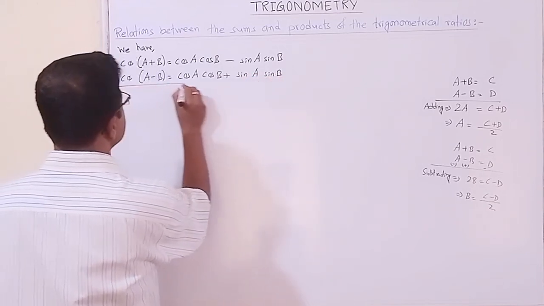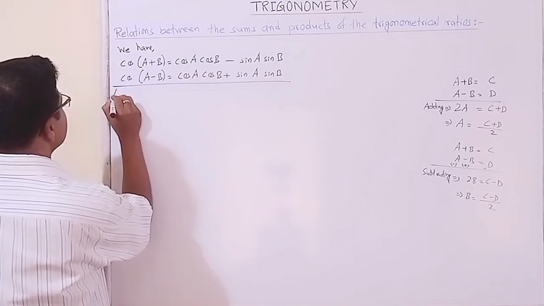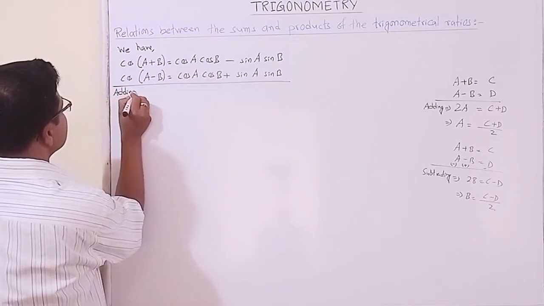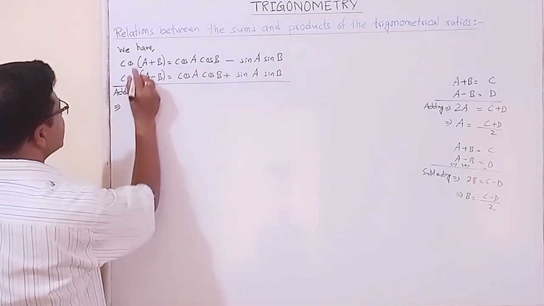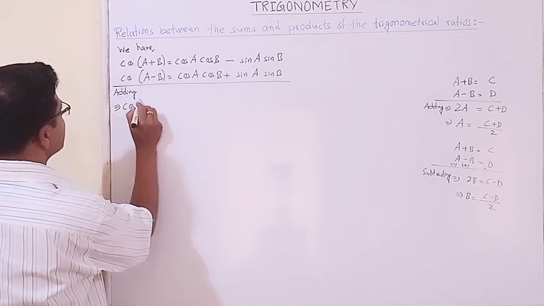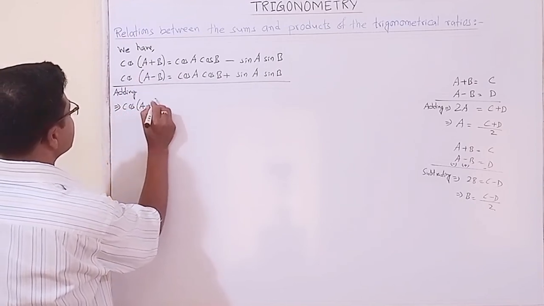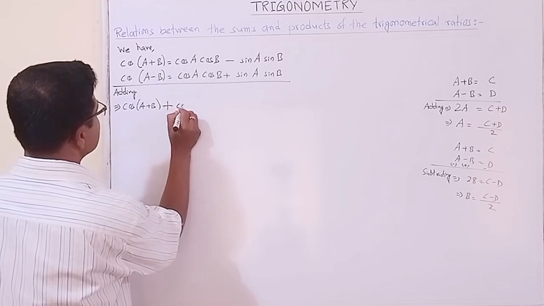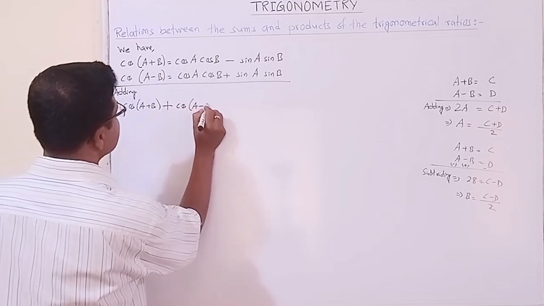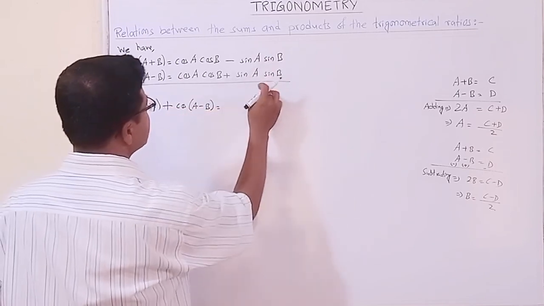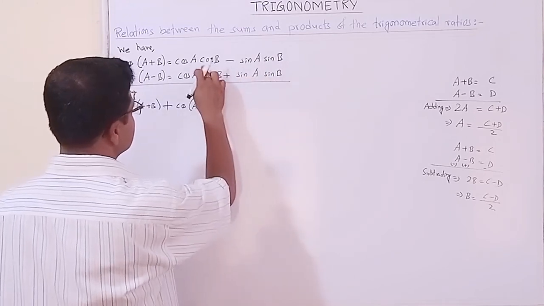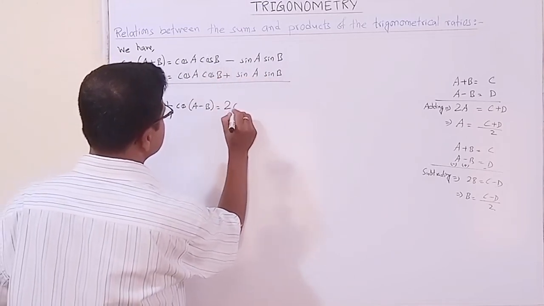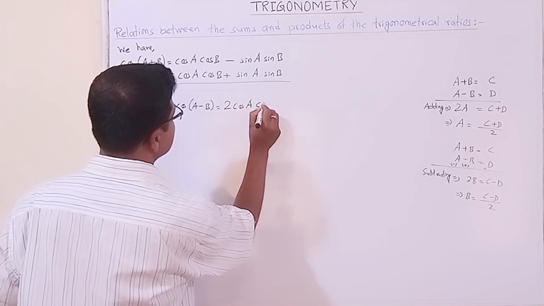What we do initially, just like the previous one, we add. If we add, we get cos of A plus B plus cos of A minus B. Now they will cancel each other because they are equal and opposite, so the sum is twice of cosA cosB.